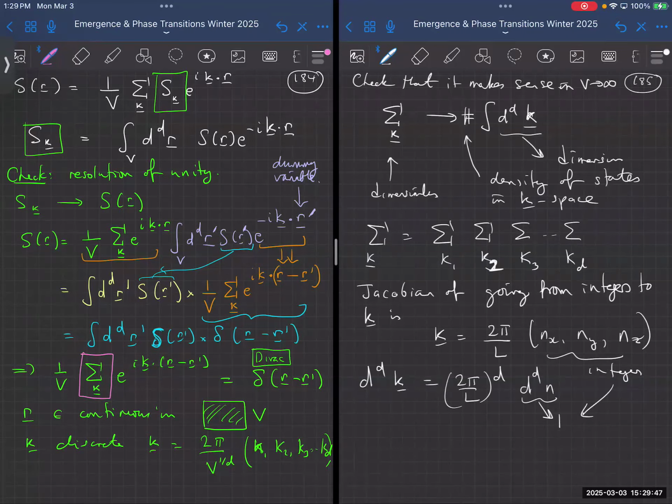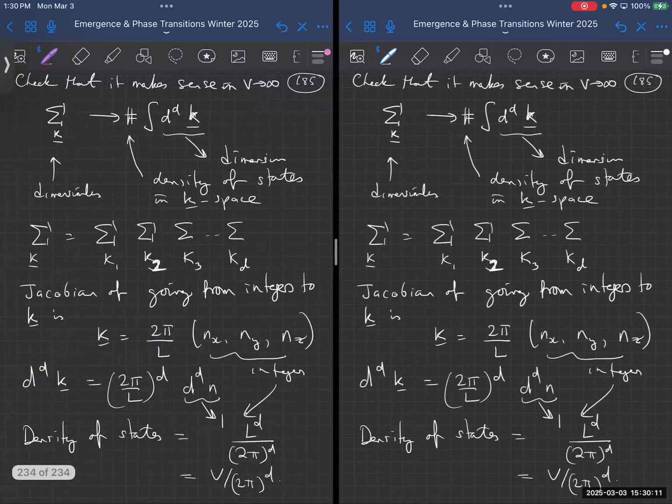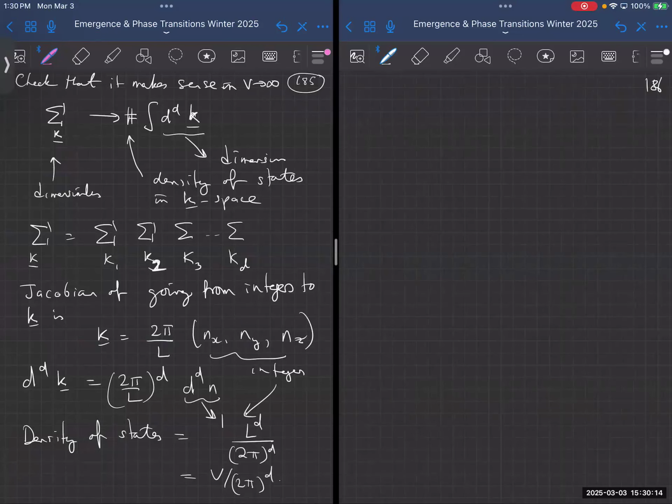And so what you then get is that the density of states in k space that converts a sum over n to an integral is just L to the d over 2 pi to the d, in other words, V over 2 pi to the d. So now let's see if that works. Then I've got 1 over V sum over k e to the i k dot r minus r prime.